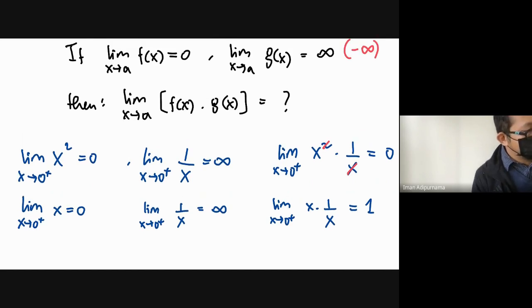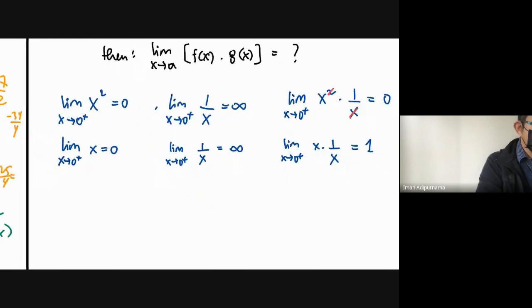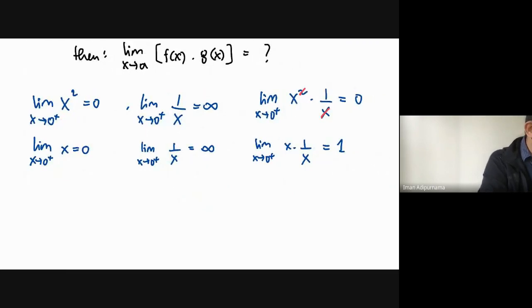limit, if the limit as x approaches a of f is 0, and the limit as x approaches a of g is infinite or negative infinite, what can we do to solve this? We can write f multiplied by g as f divided by 1 over g.